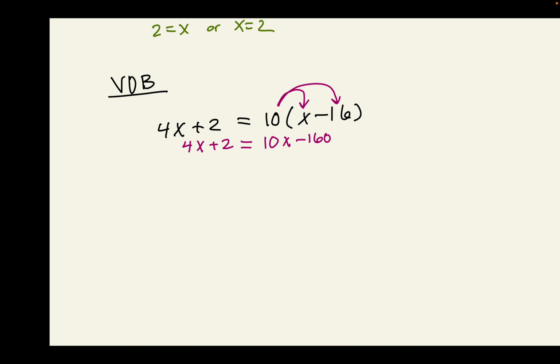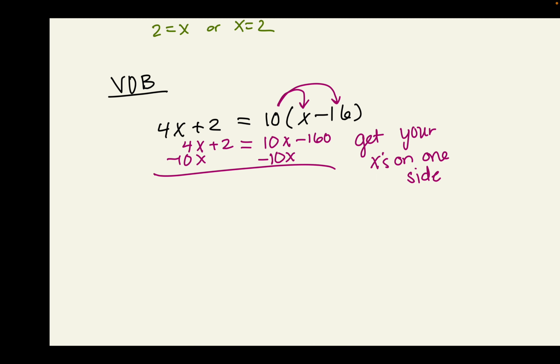Now, at this step, we want to get your x's on one side. So we can subtract either x. I like to have my x on the left, so I'm going to subtract 10x. I know that's going to give us a negative, but that's okay.